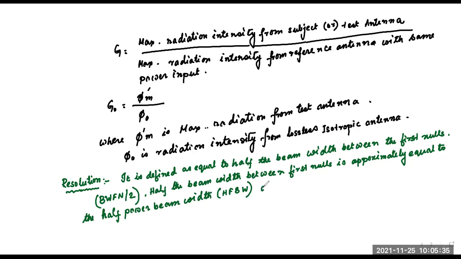Or it can be written as BWFN by 2 is equal to HPBW.